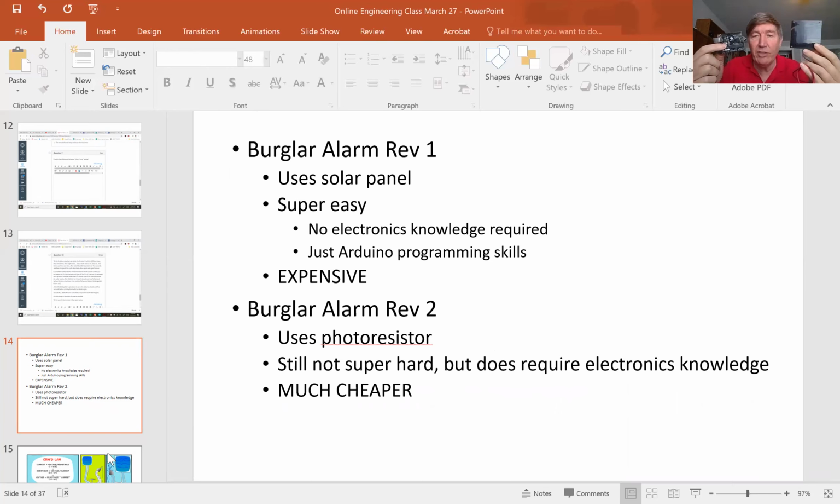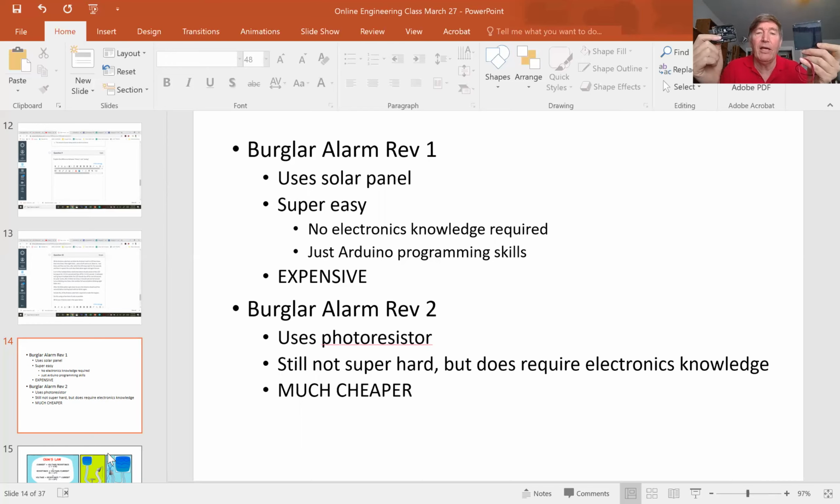The Arduino just looked at the solar panel, and if it saw that the solar panel was shadowed, then it set off the alarm, and if it wasn't, then it didn't. You didn't really need to know any electronics whatsoever to make this Rev1 burglar alarm. All you had to know was how to program an Arduino, which you did pretty well on.